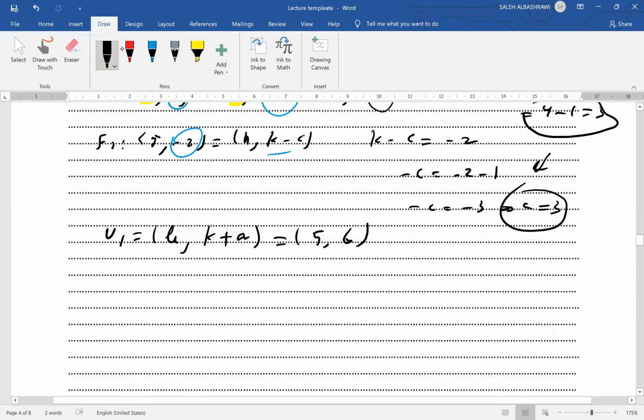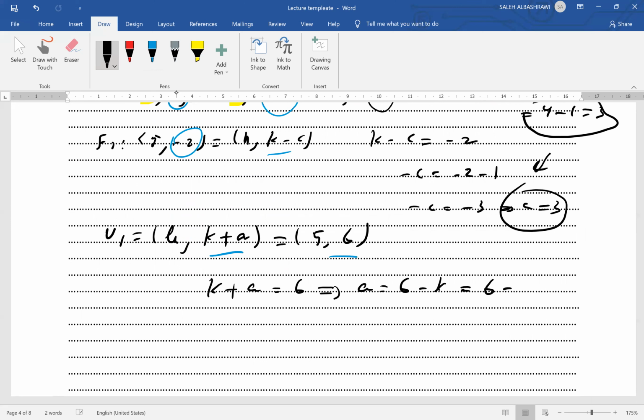So k plus a equal to 6, or a equal to 6 minus k, which is 6 minus 1, so a equal to 5.